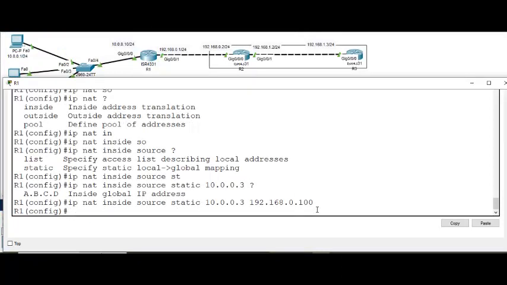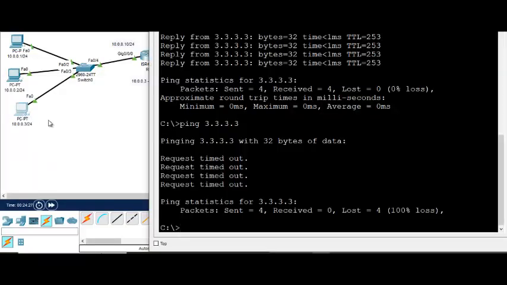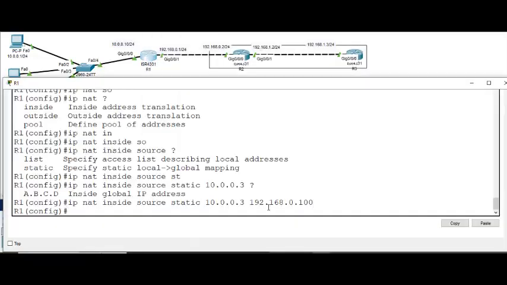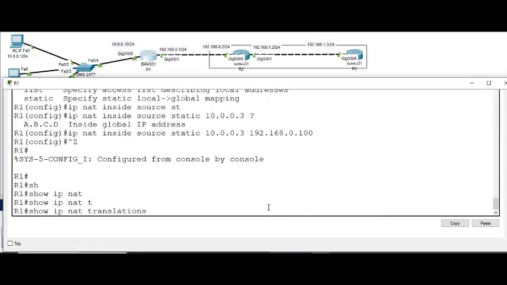Before pinging, I would like to show you one verification command: show ip nat translation. This is the only command we will be using in the NAT topic to verify. Because it is static, it clearly says that if any traffic is coming from this computer, I will translate to this address. So far, no translation has happened, that's why this is all empty.